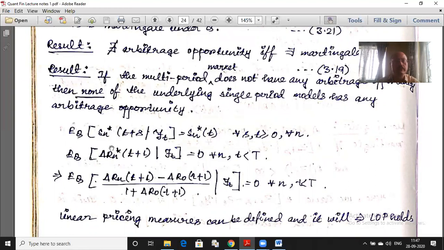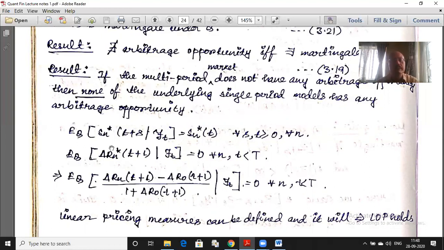So if you look at EQ of Sn star at T plus S, conditioning on time T, it will be Sn star at T. So that martingale property can be used in a straightforward manner to show that the conditional expectation of any future discounted stock price will be equal to the current discounted stock price. That's a very straightforward thing.